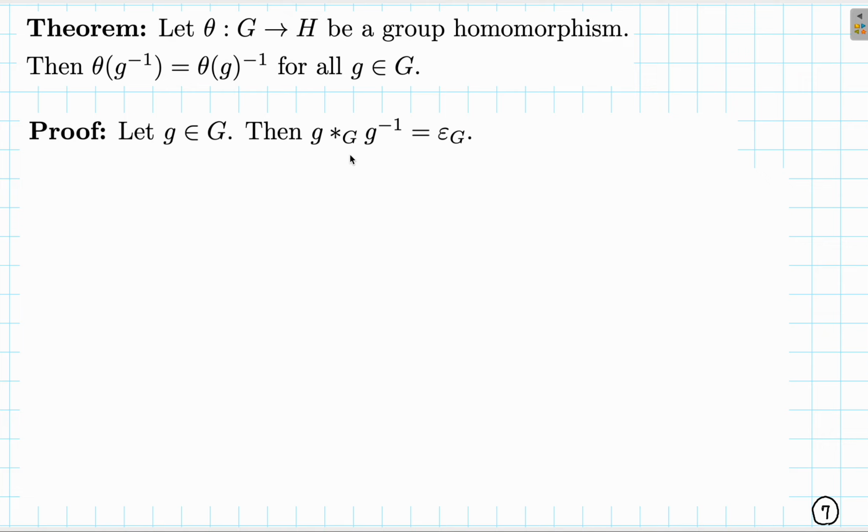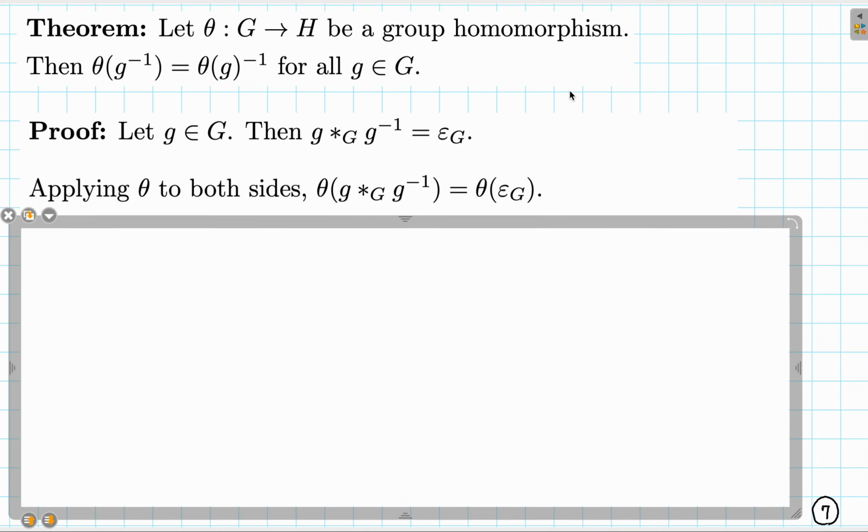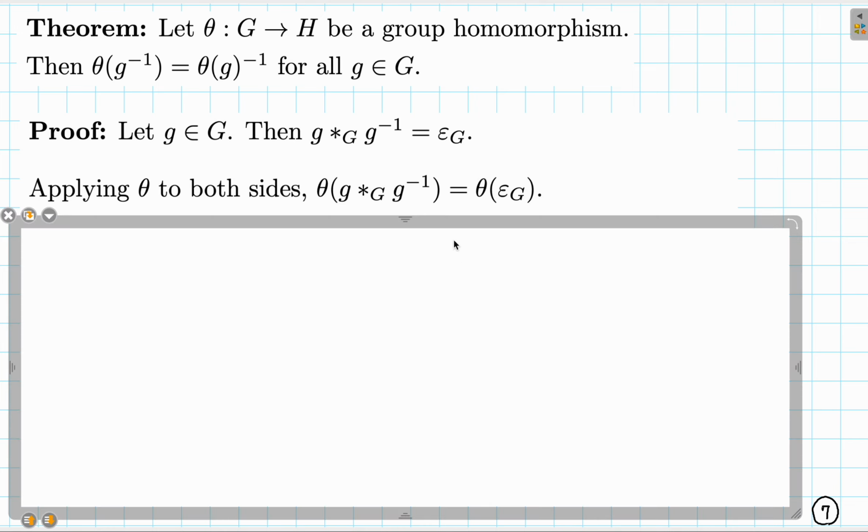So as we did with the matrices, let's apply our homomorphism theta to both sides of this equation. And if we do that, well, we get theta of g times g inverse equals theta of the identity element. So let's now work with the left-hand side and the right-hand side separately.